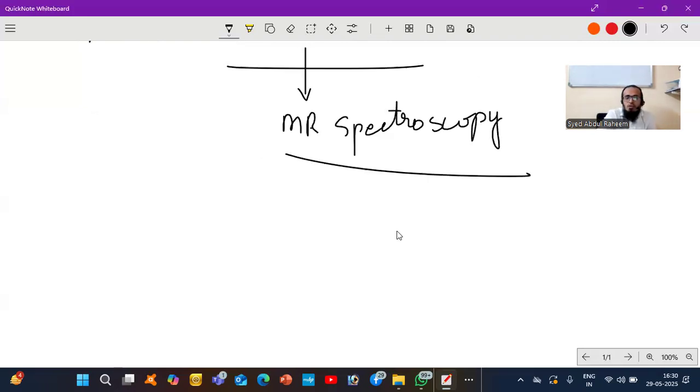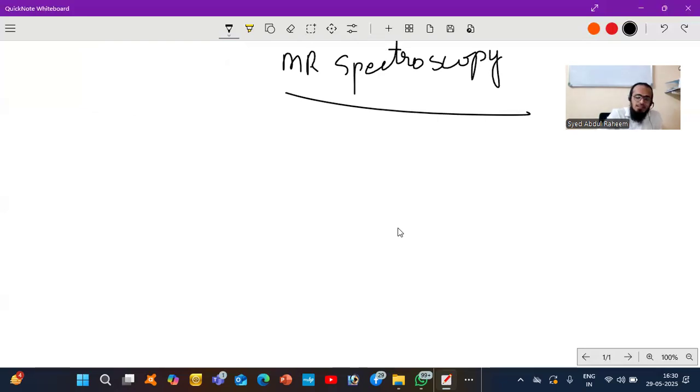In it, they look at one chemical, choline. If the choline peak is raised, it means higher chances of malignancy. This is how they differentiate benign and malignant. So these are the basic things.